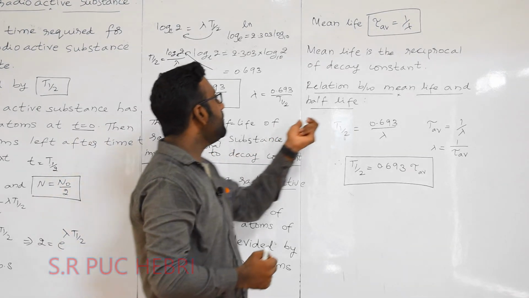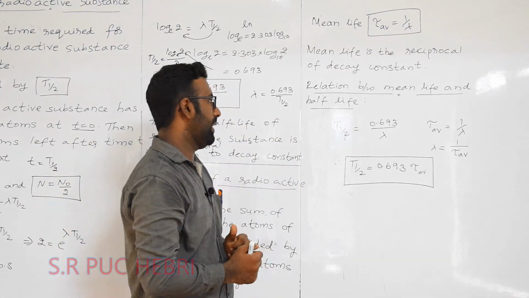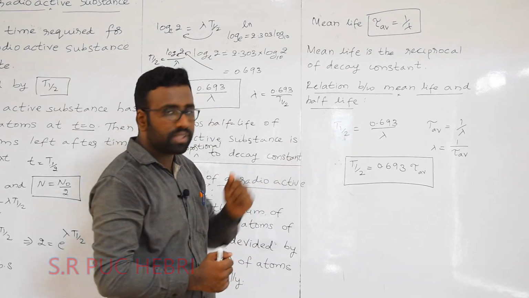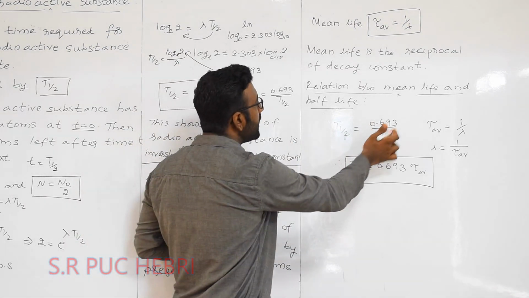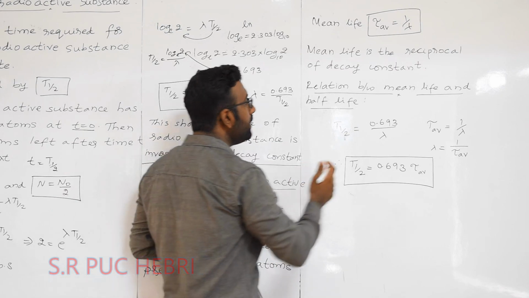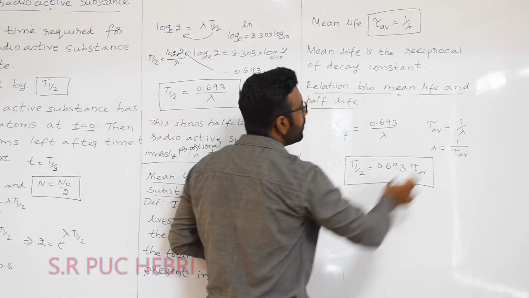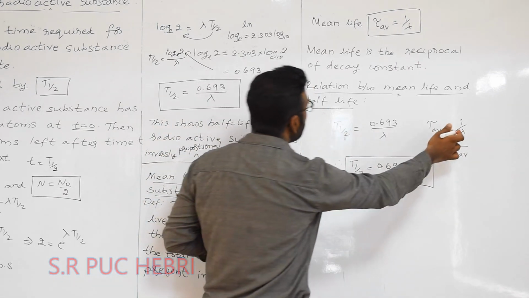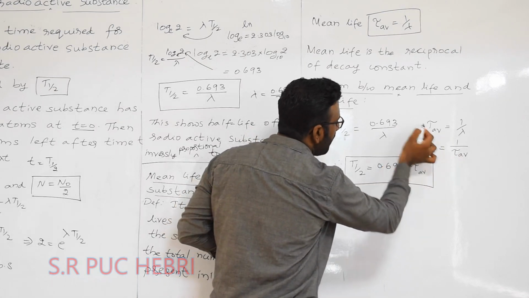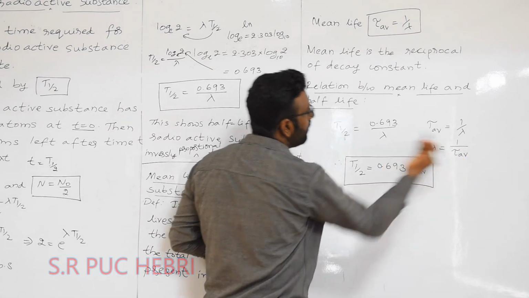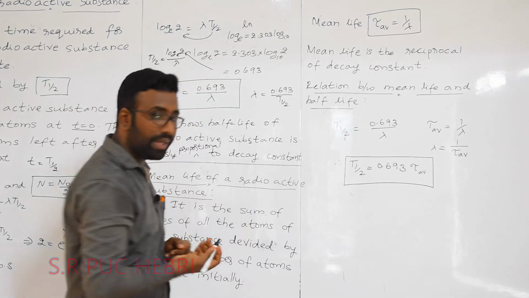Let's check the relation between mean life and half-life. Half-life is given as 0.693 divided by lambda, and mean life is given as 1 by lambda. So from this equation we can write lambda is equal to 1 divided by tau average, or mean life.